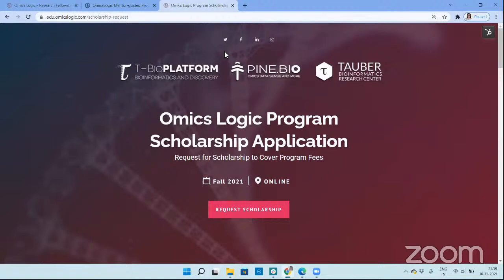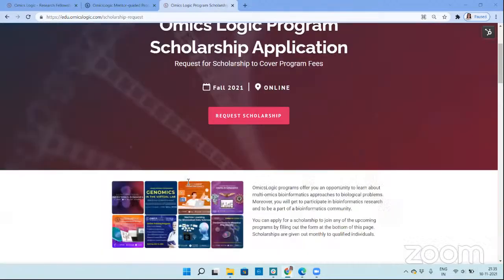But if you would like to take up the license for a 3 months or a 6 months research fellowship program altogether, then you are eligible to apply for a scholarship as well. This is the scholarship application form that I will share in the chat box. Once you fill this scholarship form, we will review your application and get back to you to tell you how much scholarship you are going to get for the research fellowship program, and that is the way you can get yourself enrolled.